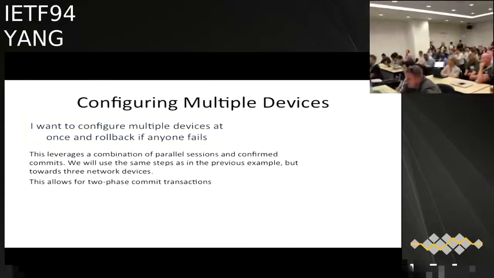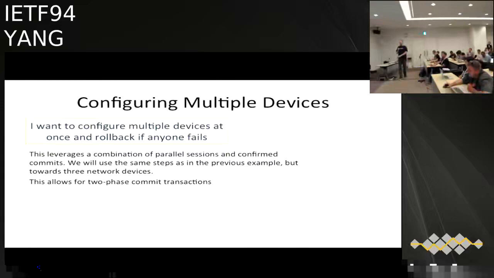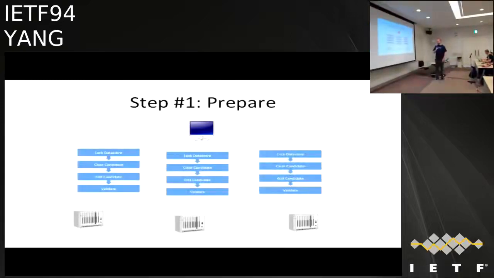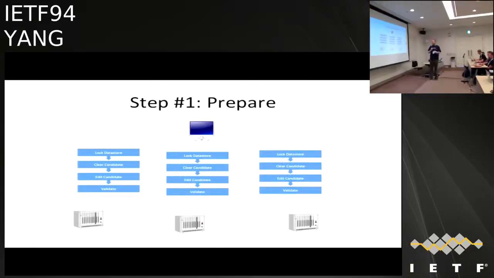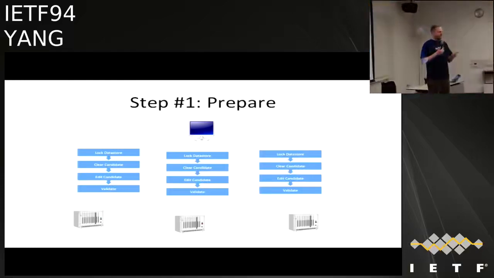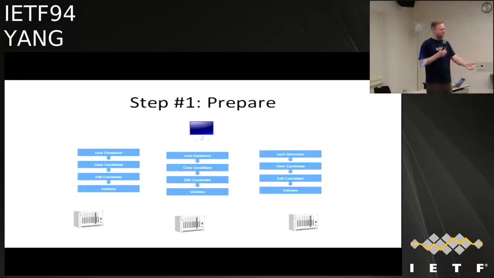Okay, so here's the prepare phase, for the people with some database background. Three devices, right? Step 1, prepare. And prepare in this case means that you lock everything, clear the candidate, edit the candidate, and then you validate, right? So now you know that the content that you have in the candidate is validated by the box. So that's a traditional prepare phase.